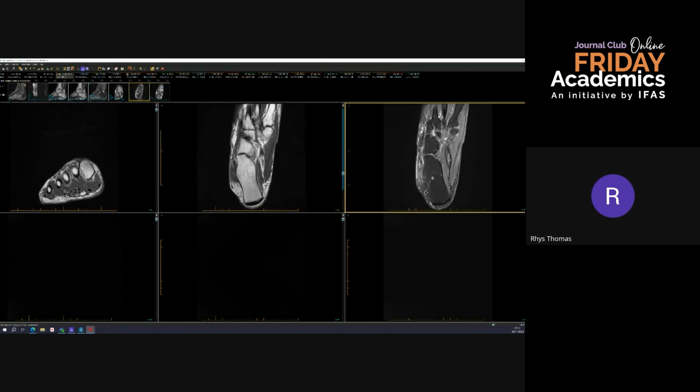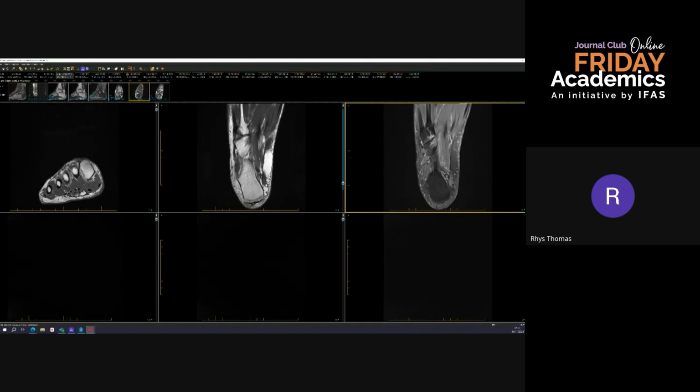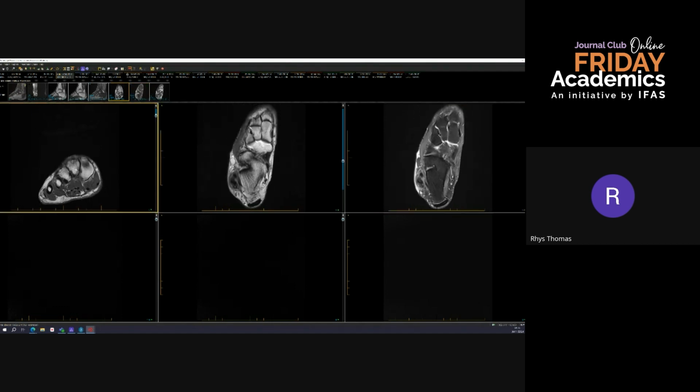So this must be in fact the peroneus longus tendon, and we can normally follow it underneath the arch of the foot here into the medial side, and we're missing that. So again, we can corroborate your findings with the coronal, and we can see one of the tendons here going into the base of the fifth metatarsal.